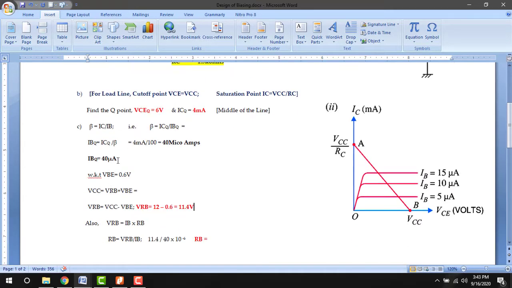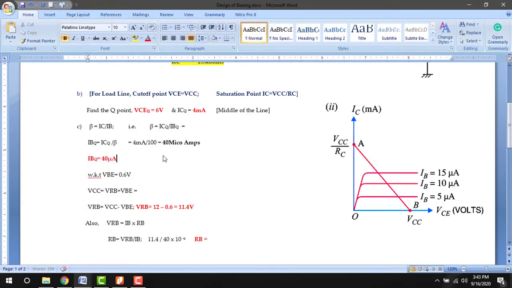So we already calculated the IB value, the base current, and we calculated the voltage across RB. So the resistance value by Ohm's law is V by I. The voltage is 11.4 and the current is 40 microamps. We can substitute in the calculator. The value is 285 kilo ohms.